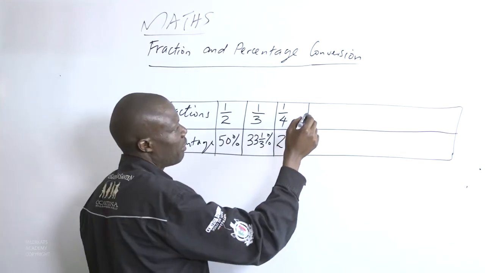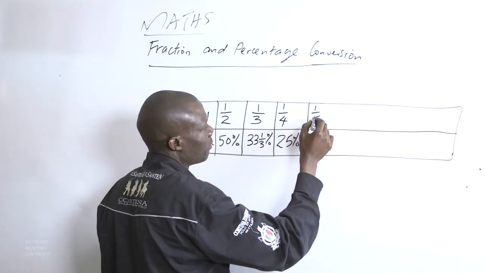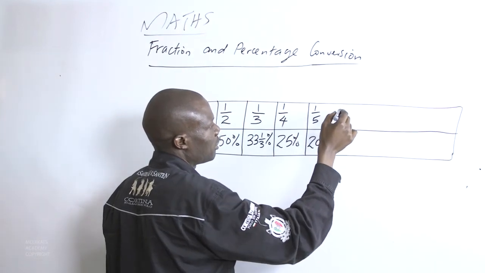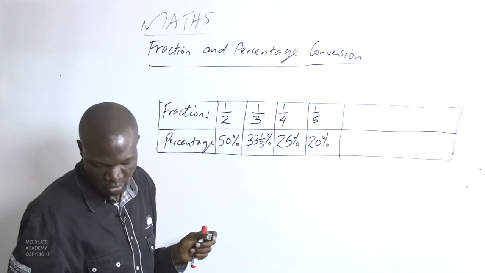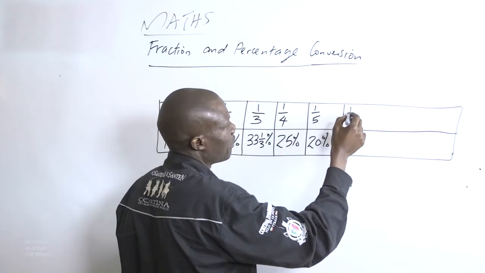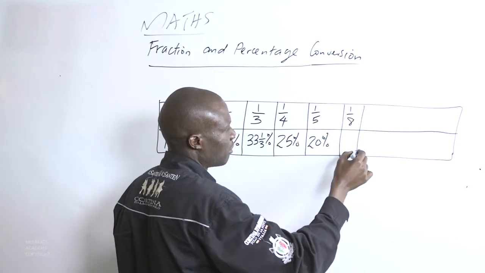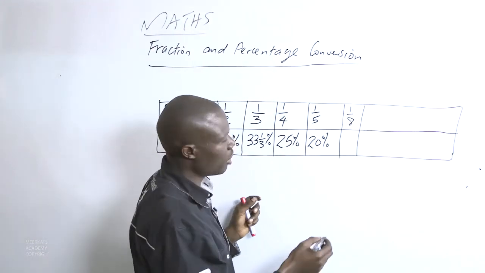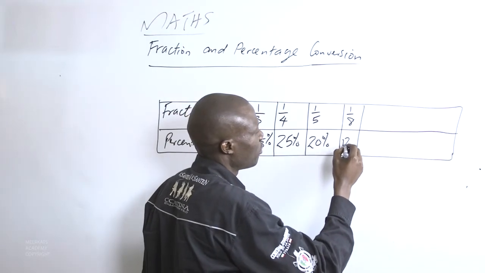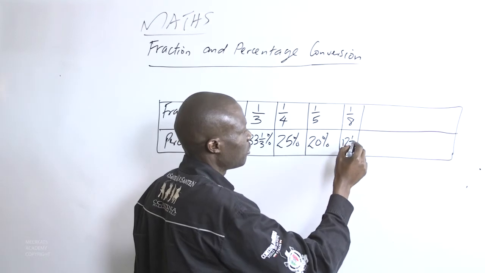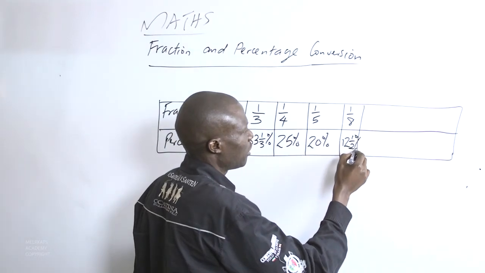Then we have a fifth. This is equivalent to 20%. We have an eighth. An eighth is equivalent to 12 and 1/2%.